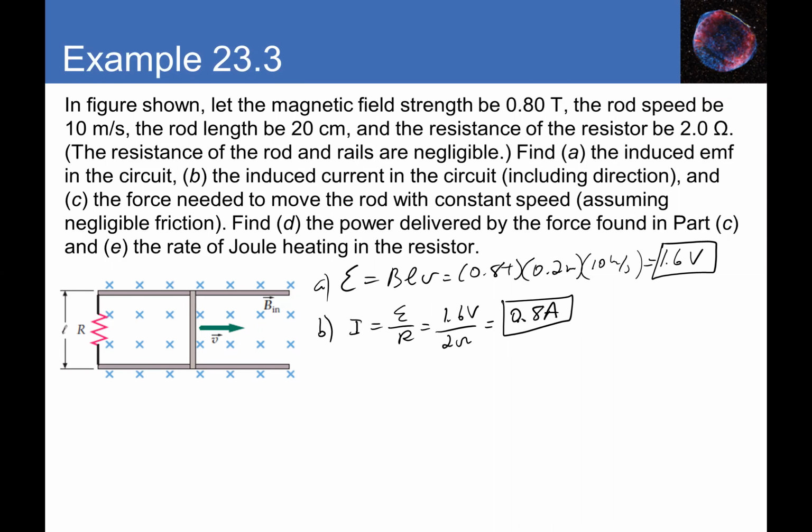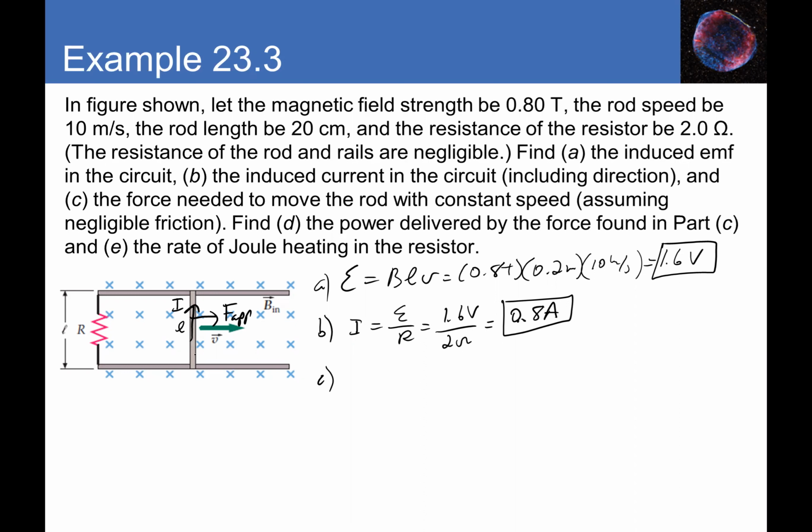The last one, part C, says the force needed to move the rod with constant speed. All right, that means we want to look at what force moves it with constant speed. So here, if you remember, if I'm pushing this guy, I'm applying force. At the same time, because there's a current in the conductor with length L, and there's an into-the-page magnetic field, use your right hand rule.